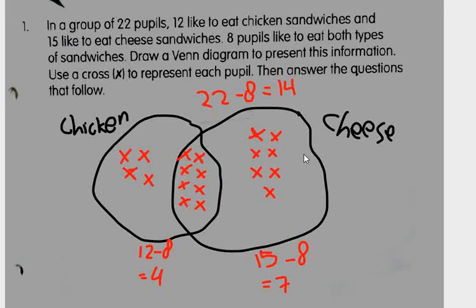So it means that 3 pupils are outside the diagram. It means that they don't belong to any group. It means that they don't like to eat any sandwich.